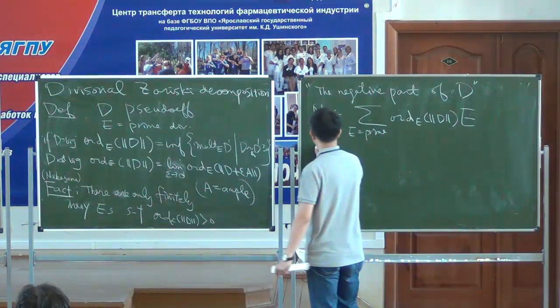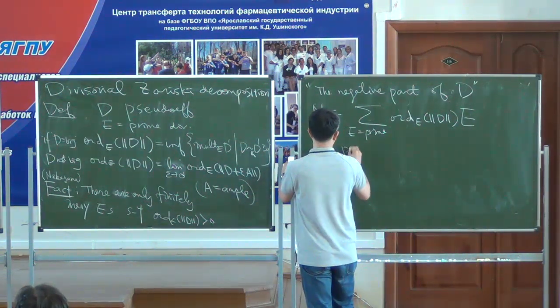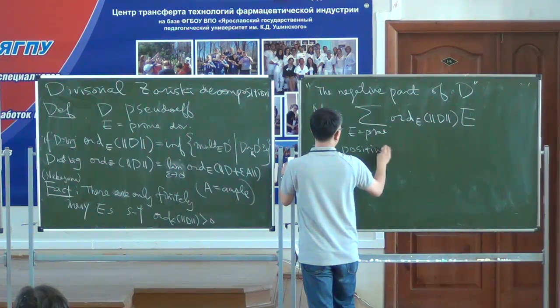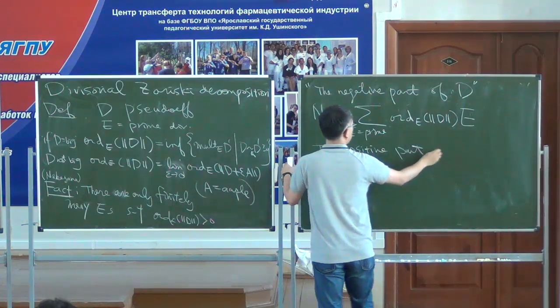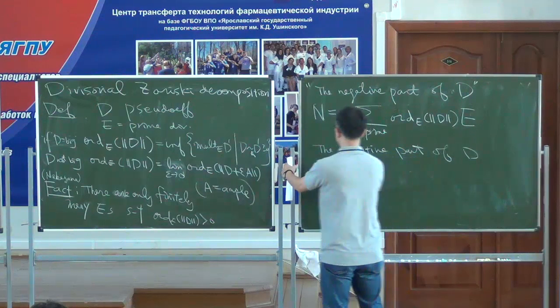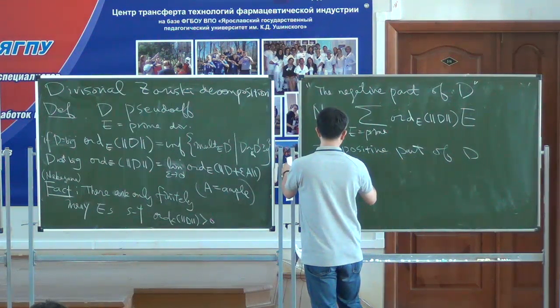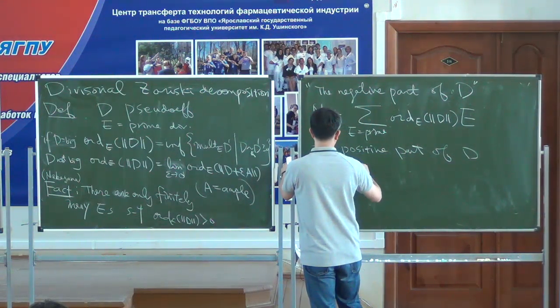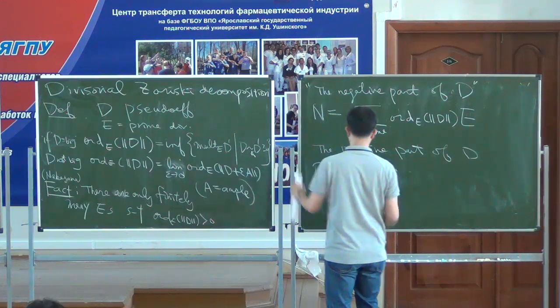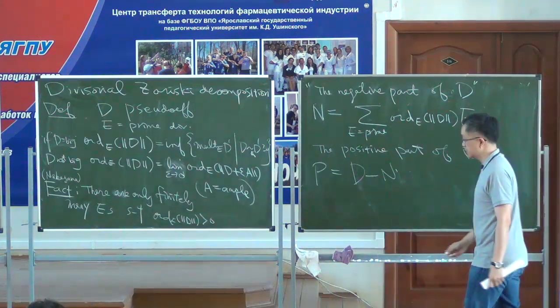Okay. And the positive part of D is denoted by P. It's just D minus N. Okay.